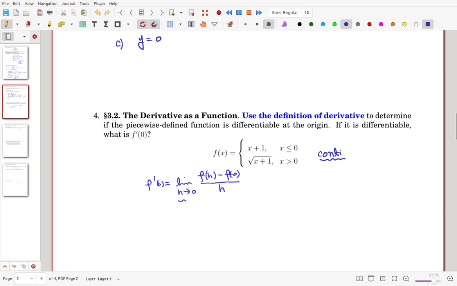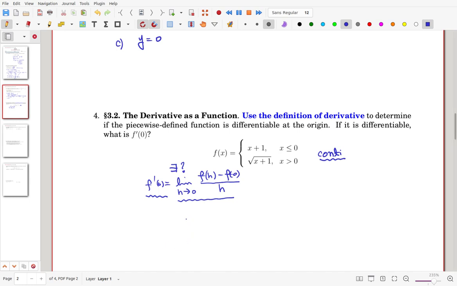Of course, the limit should exist. Then we can say that f prime at 0 exists. So the question is, does it exist? Okay. Now we also have to measure the limit on both sides. So let's check both sides.